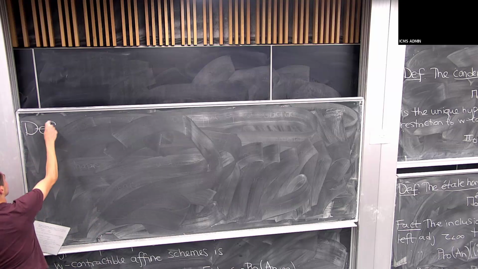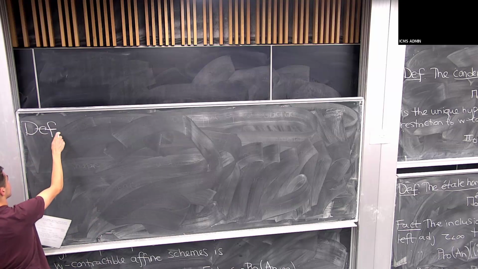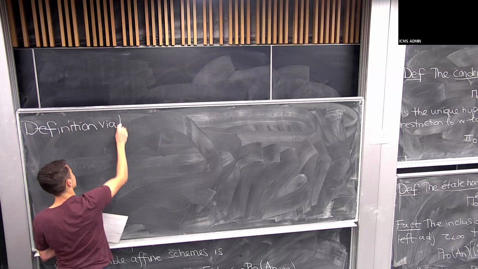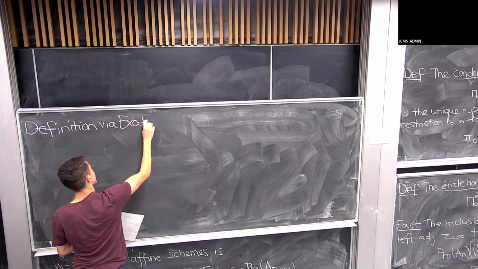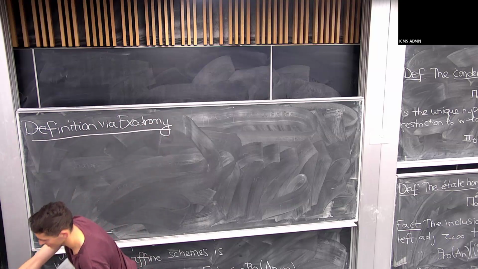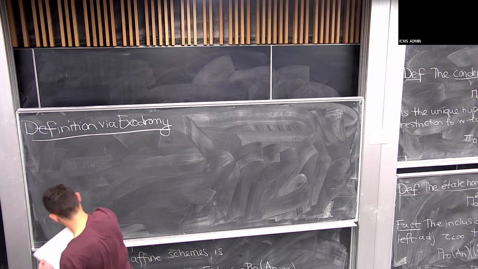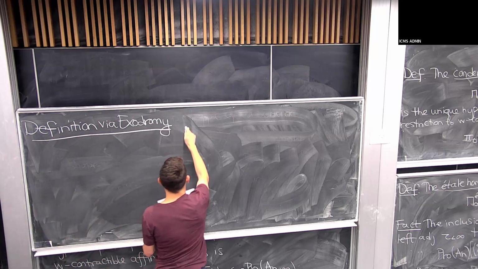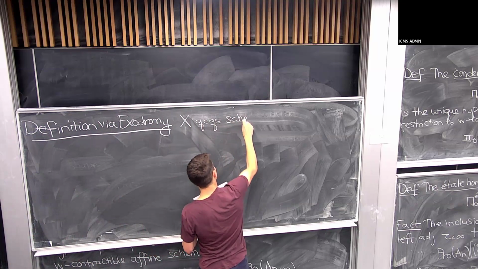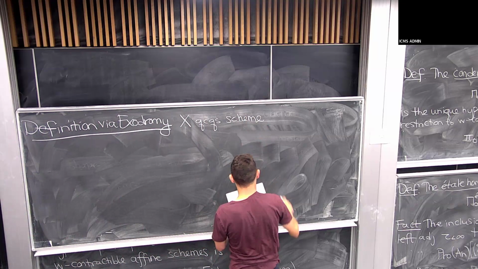So here's a definition via exit paths. Maybe I just remind you a little bit about what Clark said, or maybe I say a few things he didn't say. So say we have a QCQS scheme, and I'll basically always assume this from now on.